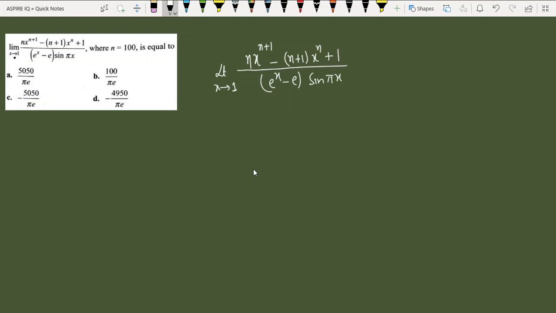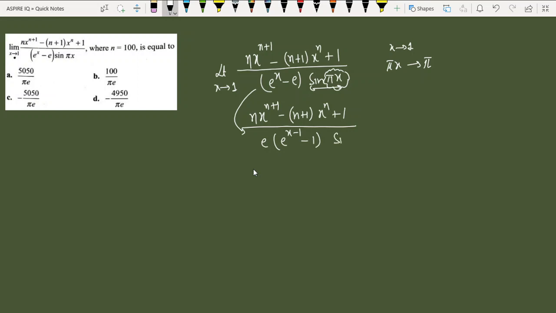What I did: as x tends to 1, sin πx tends to 0, but the argument πx tends to π. I simplify it in a different form. Forget about the numerator for the time being, just take e common: e(e^(x−1) − 1), and I can write sin(π − πx). Why do I write π − πx?